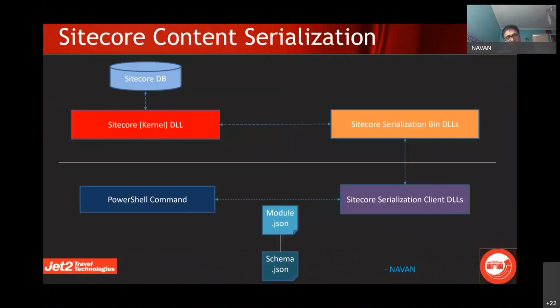So when you go back again now and look at the whole PPT, you can understand that there is a module.json which is specific to each of the layers, each of the Visual Studio projects, and then from there the call goes to the client DLL.